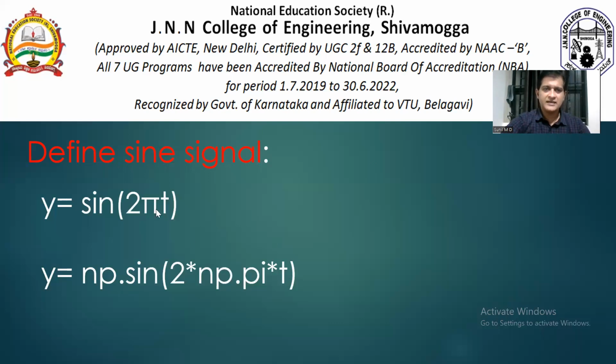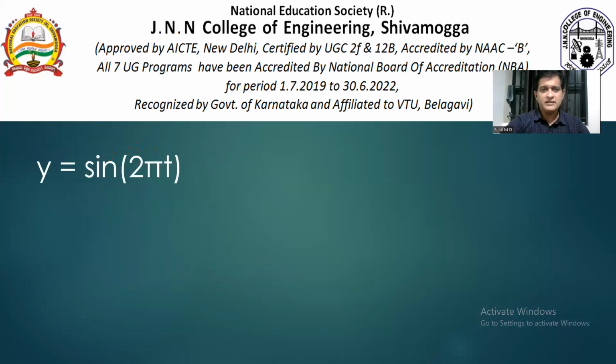That is the idea. So 2 star, because it is 2 pi, and for pi it is np dot pi: 2 star np dot pi star t. This is how we define a sinusoidal signal in Python.